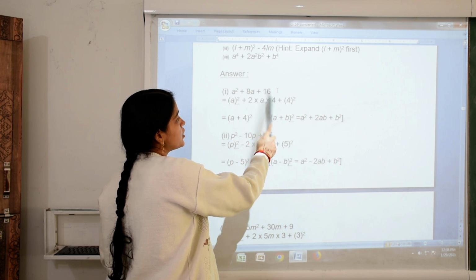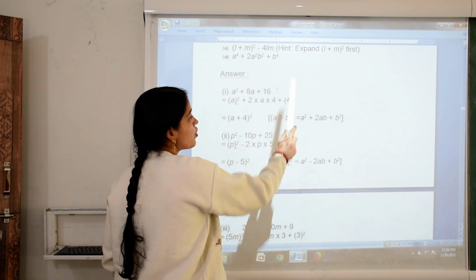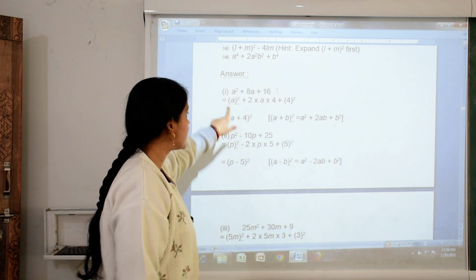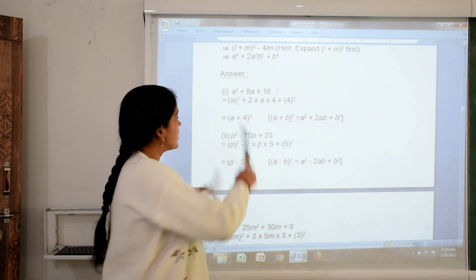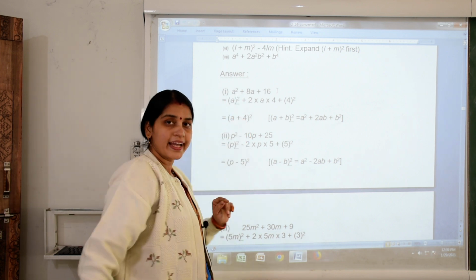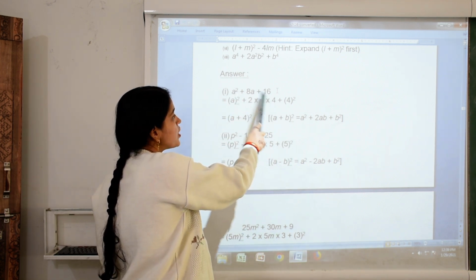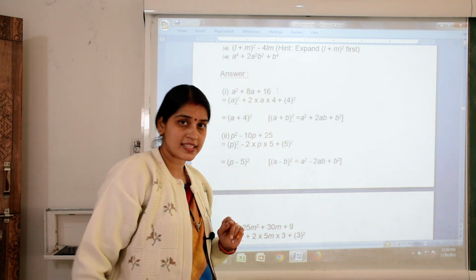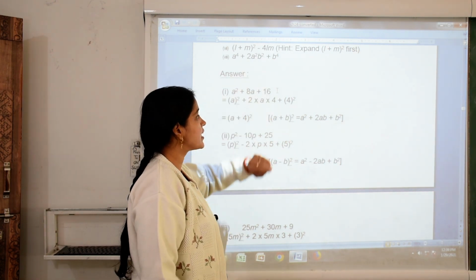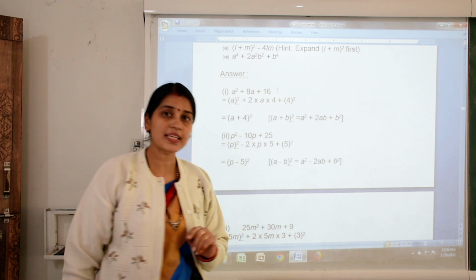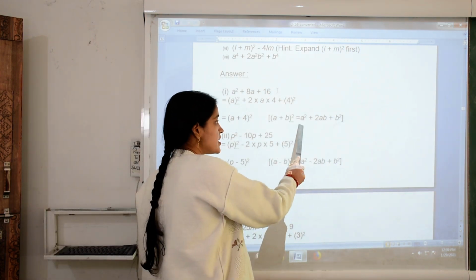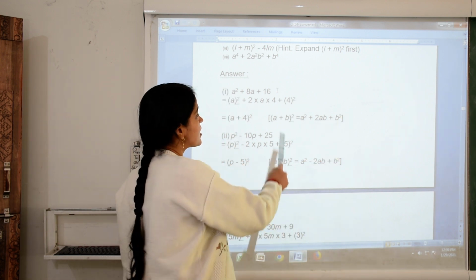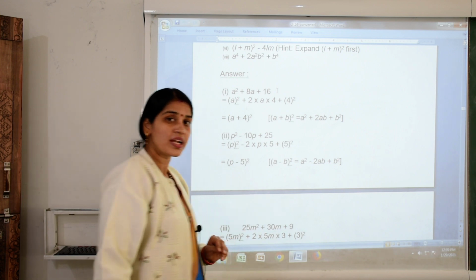So 2 into a into 4 plus 4 square. 4 square because 4 fours are 16. So if we solve it again, like a square, we get a square, then 2 into 4 is 8a, and 4 square, that is 16. That means this one gets converted into the form of this identity, that is a square plus 2ab plus b square, which is equal to a plus b whole square.